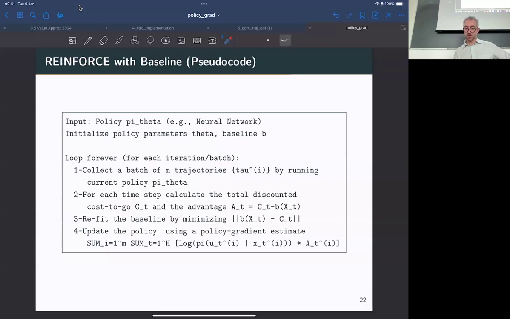That's it. So the key difference is that now we have two neural networks, one representing the policy, one representing the value function. So at each iteration of the algorithm, we need to do two updates, an update of the policy and an update of the value function network.